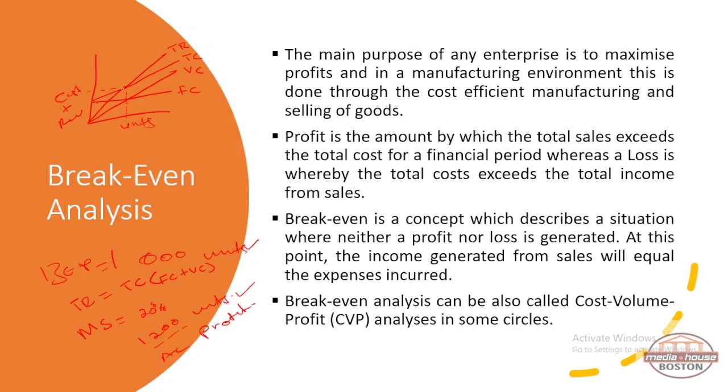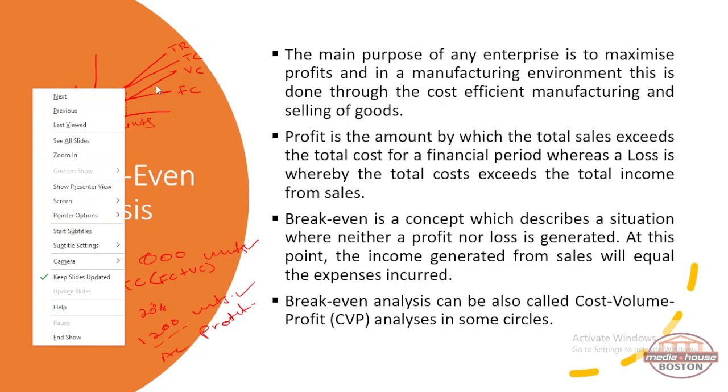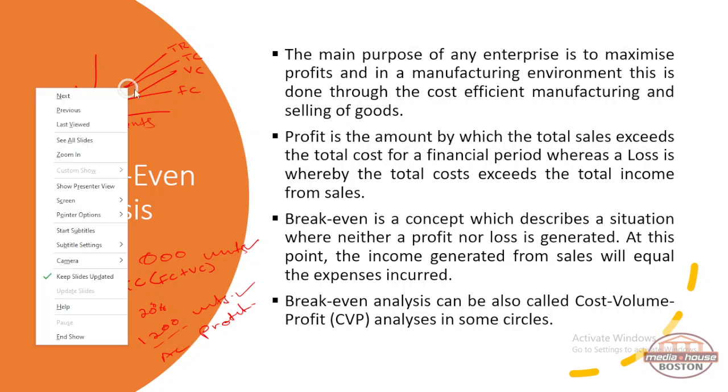So therefore we're going to have this total cost line going here, and then we're also going to have our total revenue. So when we don't have any units being sold, we're not going to have any revenue. And once we start having revenue, this will go up by the number of units we actually sold. So here, where our total cost meets our total revenue, we have a total cost that is equal to total revenue.